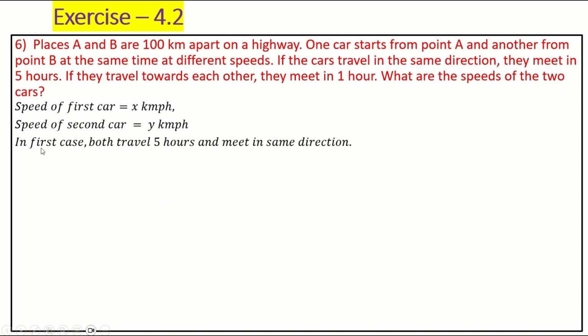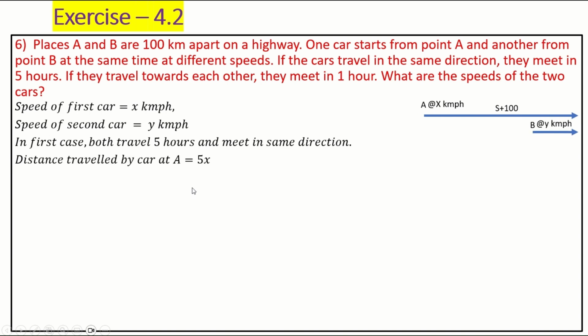In the first case, both travel 5 hours and meet, in the same direction. That means A is starting from here, and B is 100 kilometers ahead, correct? And it is starting from here at the same time at the speed of y kilometers per hour. Now if both are meeting at some distance, A has traveled 100 kilometers more than B. That means A has traveled s plus 100, B has traveled only s kilometers.